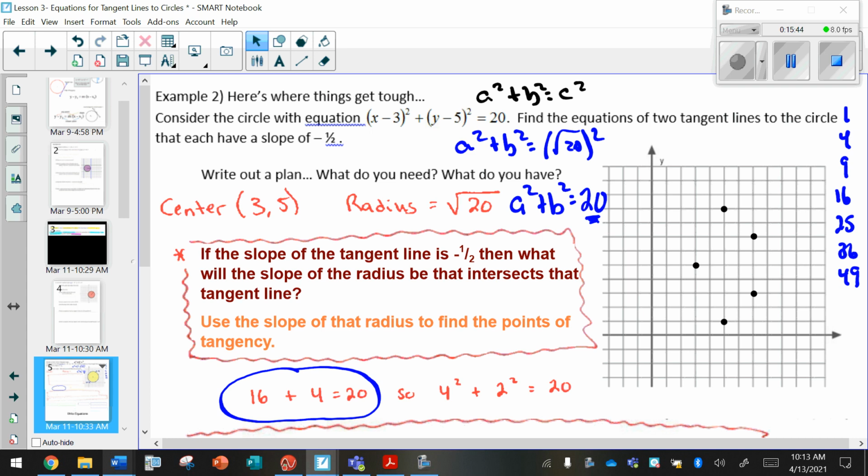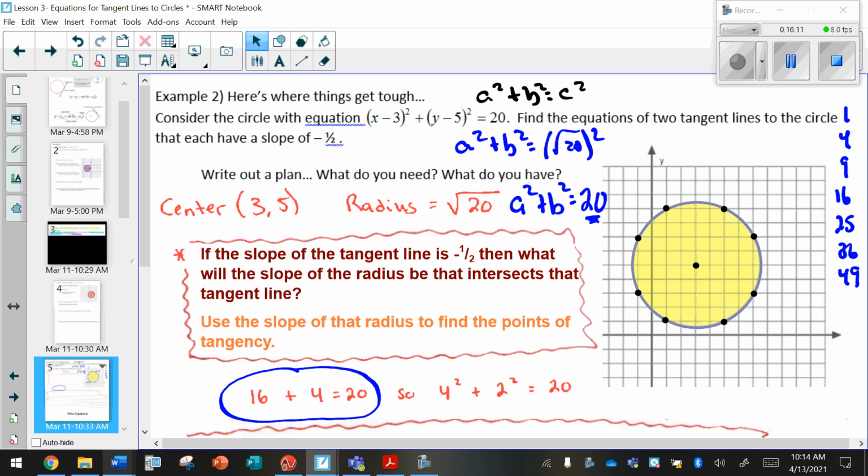And I can keep doing that pattern the other way too: over 4 up 2, over 4 down 2, and then over 2 down 4. And that helps me get a nice set of points that I can try to connect and make into a round circle.